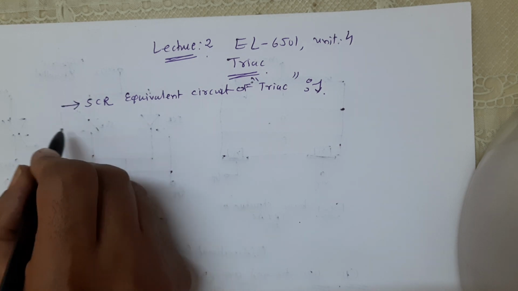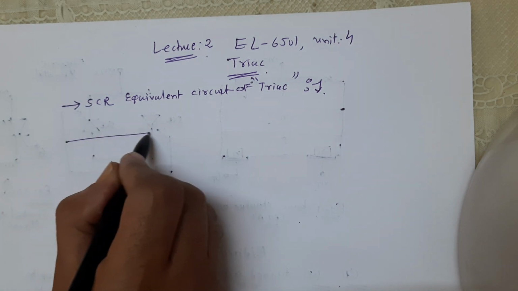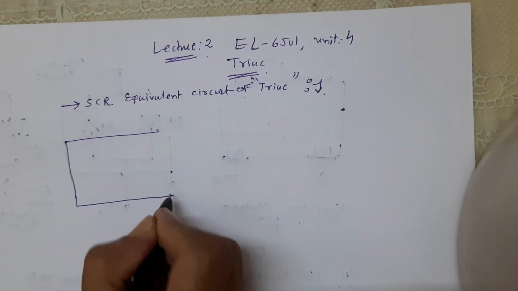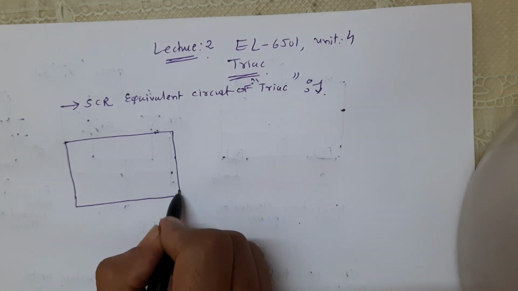We already discussed this in the last lecture number 1. This is your triac separated into 5 layers.